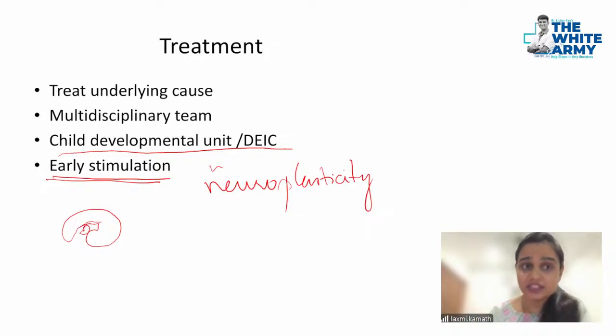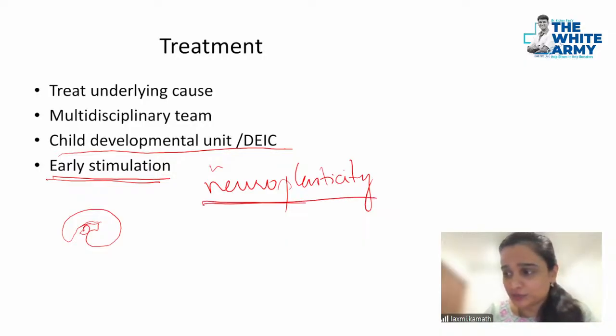The child's skills, whether survival skills or activities of daily living, can be considerably improved. This is the concept of neuroplasticity on which early stimulation and the DIC work.